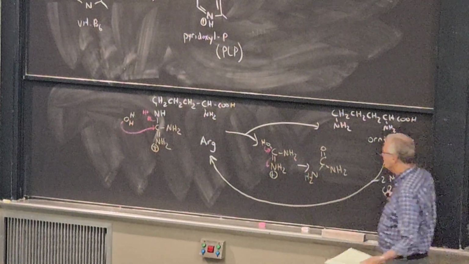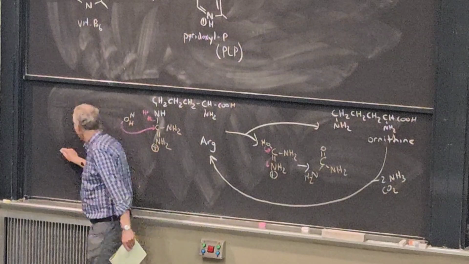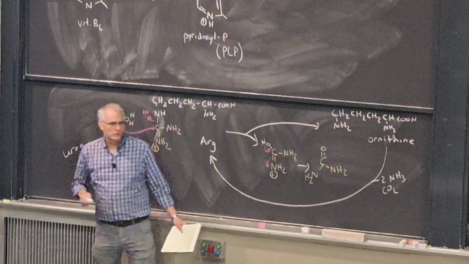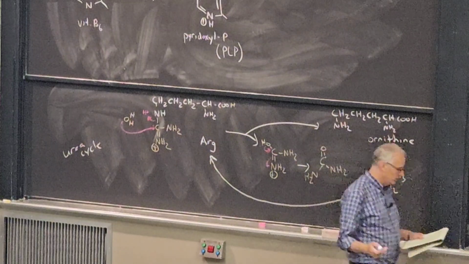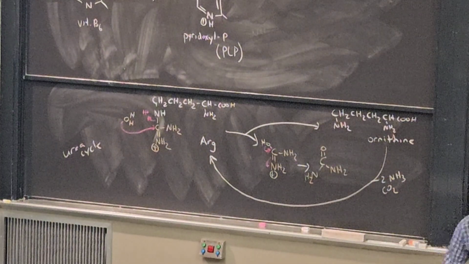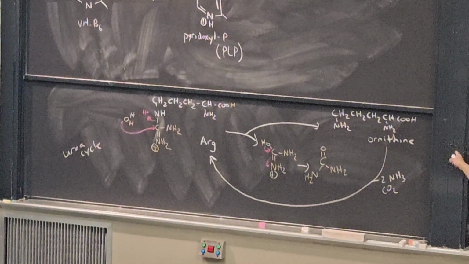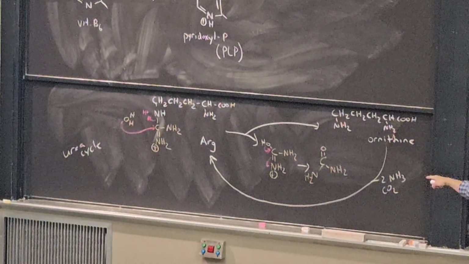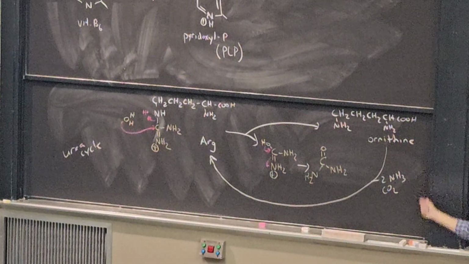And so, indeed, the way that we make urea is a cycle called the urea cycle, which effectively has to do with arginine metabolism, where we just cycle between making ornithine, making arginine, releasing the urea, get an ornithine again, go back.